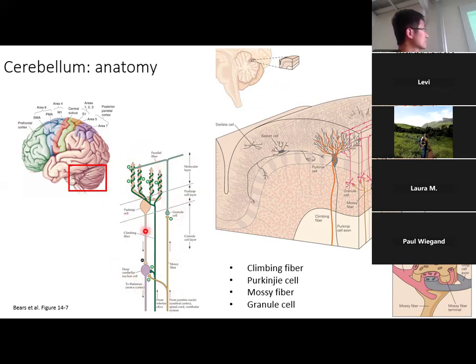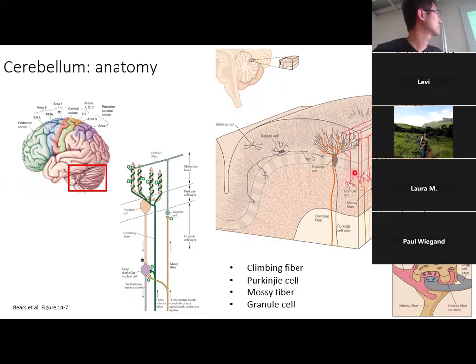This is interesting because this structure is repeated all the way through the cerebellar cortex. So this is just one unit. If you imagine you have this one cell and just repeat it, all the same structure. Of course, different areas may correspond to different body segments, but the structure is always there.